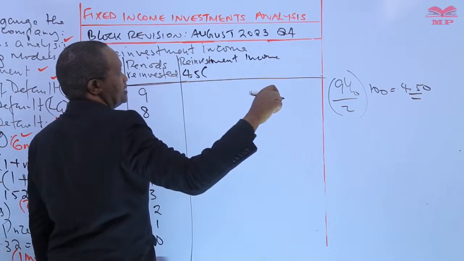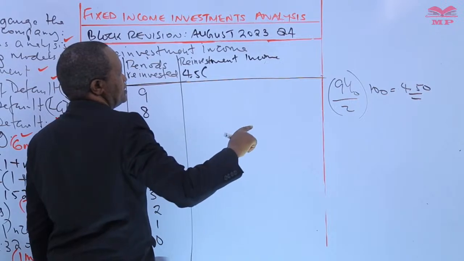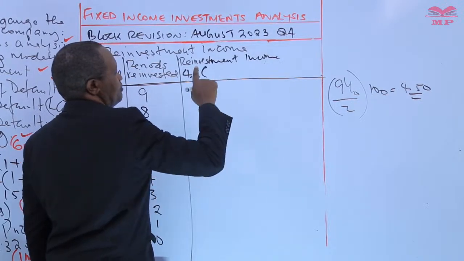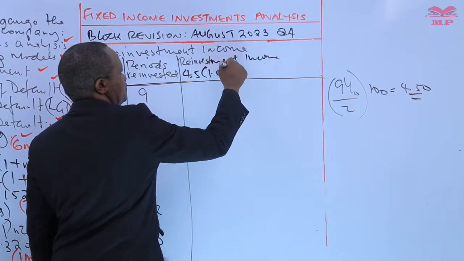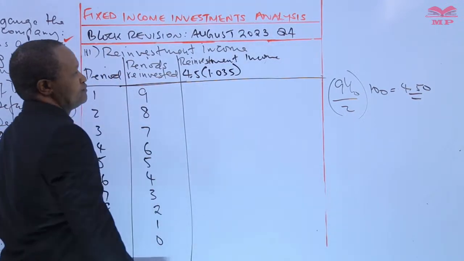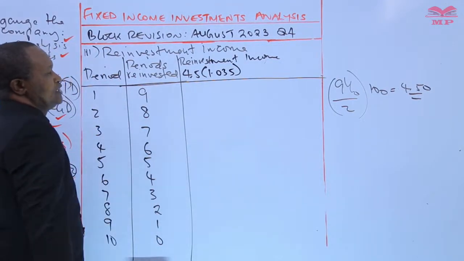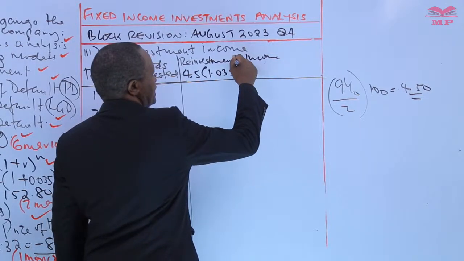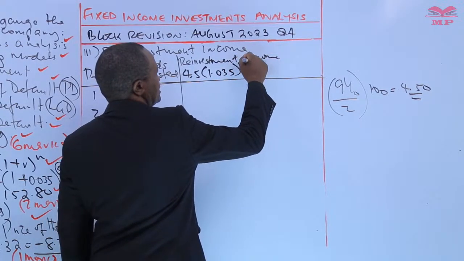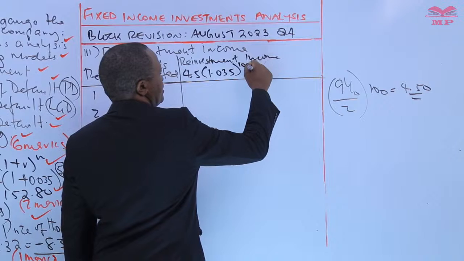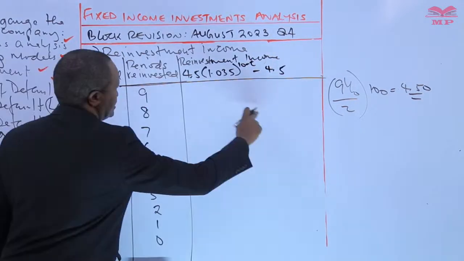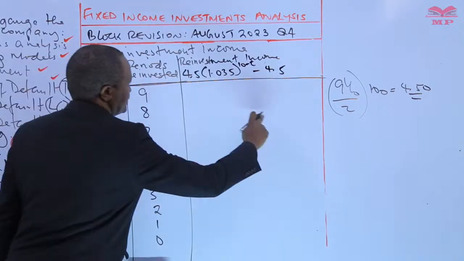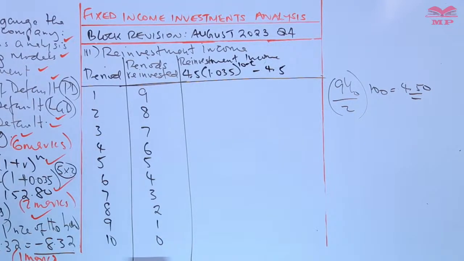Our R is 3.5%, and therefore 1 plus R will be 1.035, raised to 10 periods minus the time, minus 4.5. We use this to calculate the reinvestment income after the end of every period.